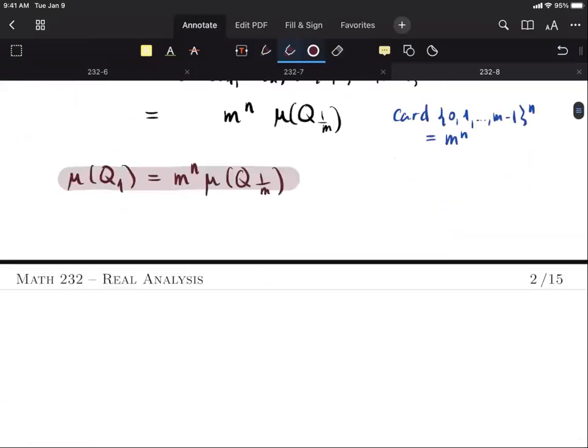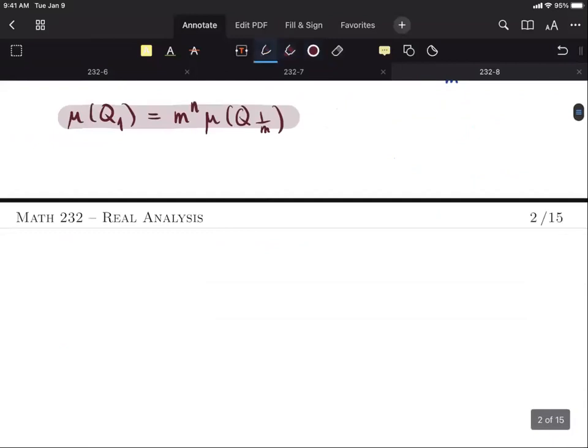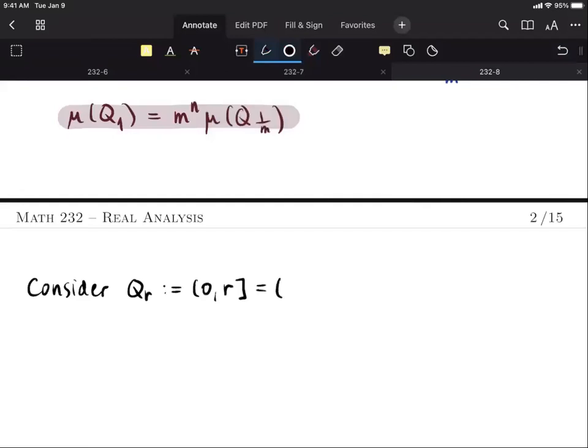Okay, so we now consider a cell, let's say QR. So this is the Cartesian product of these cells, r to the n.